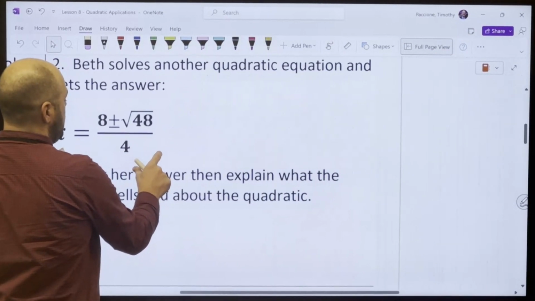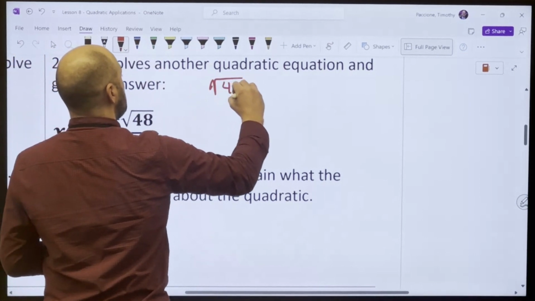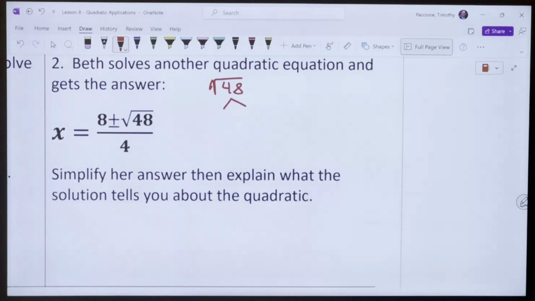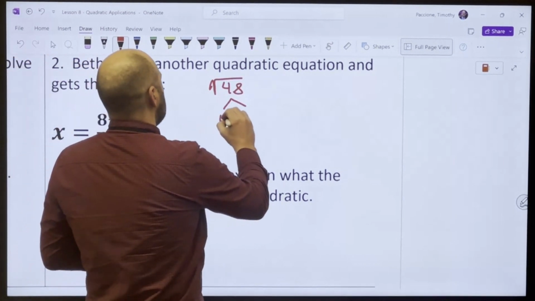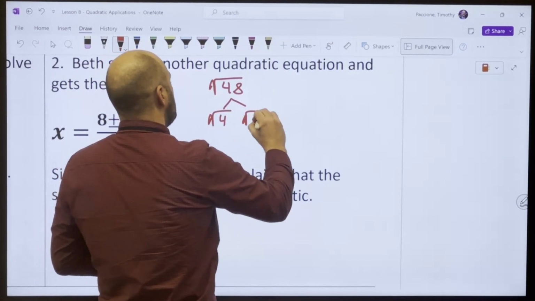It asked us to simplify this answer, right? So if you took the square root of 48 and you broke it down. Now this is something I don't think I've stressed enough. Sure, you want to look for perfect squares in there. So you could divide by 4. But if you divided by 4, you'd get square root of 4 times the square root of 12.